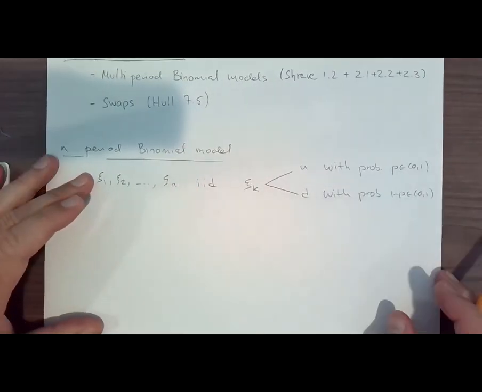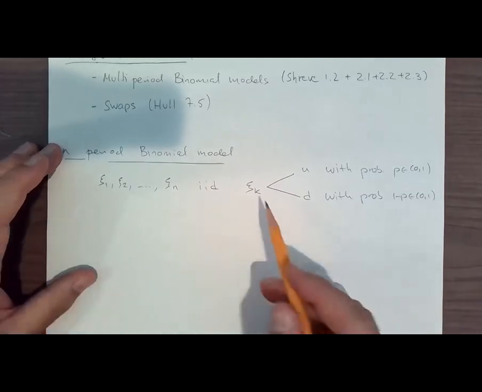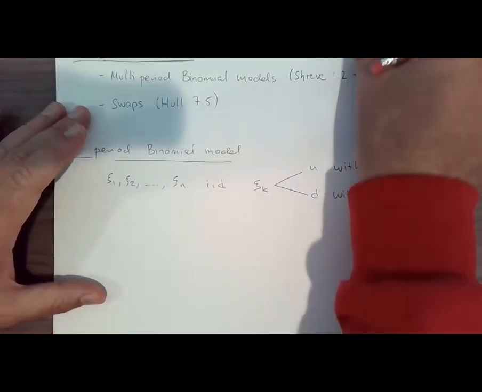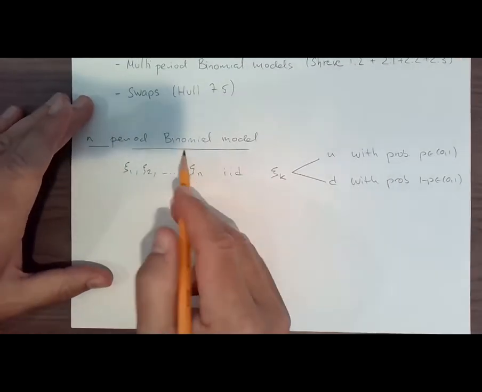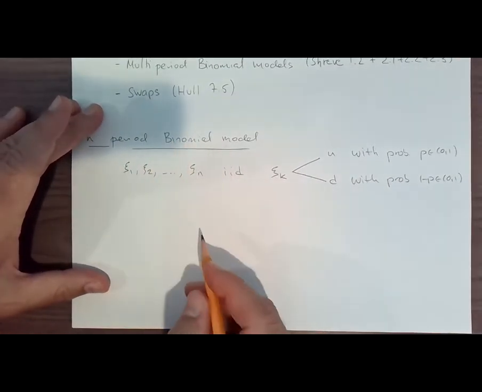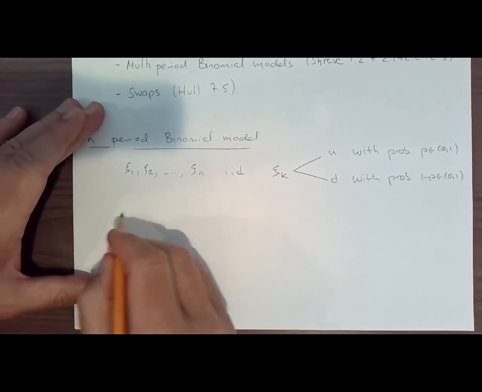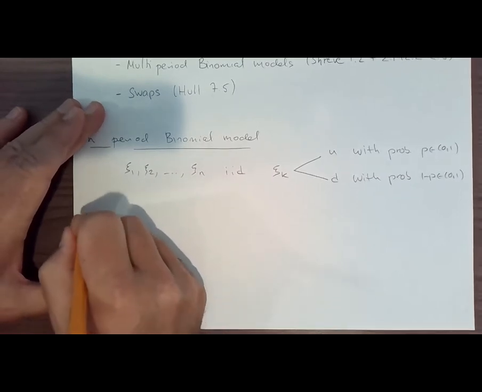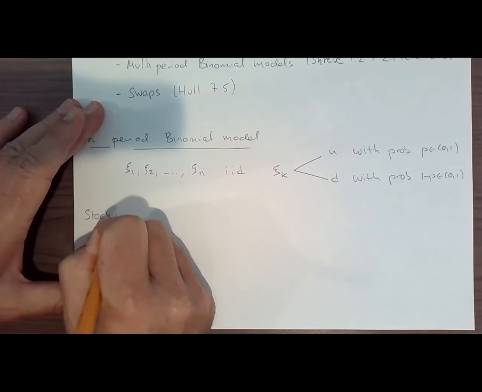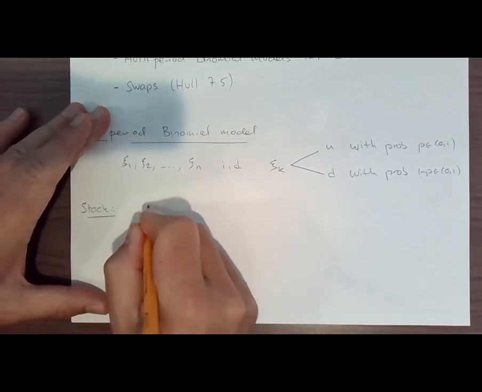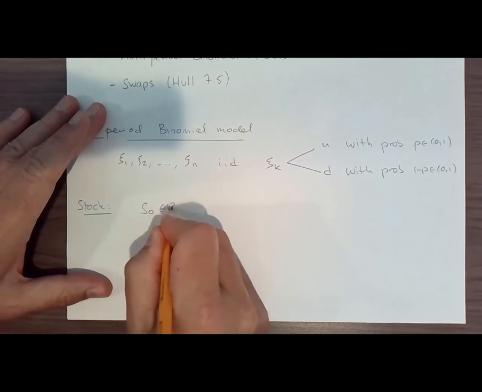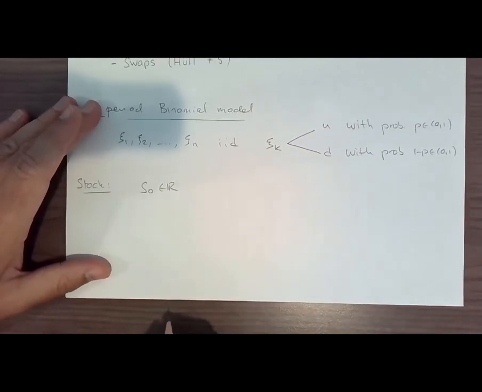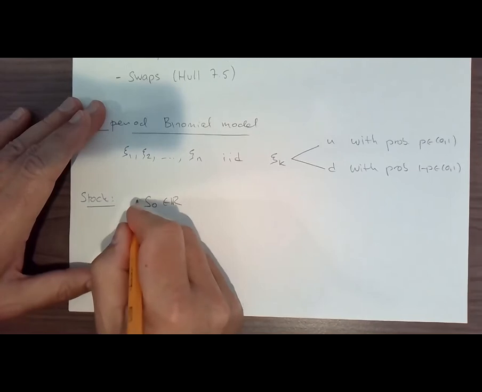So the IID Bernoullis, IID coin flips. And so the way that we built a multiplicative binomial model is by saying, so you have a stock, and at time 0, it's given. So at time 0, you have a constant, and then you define it recursively.